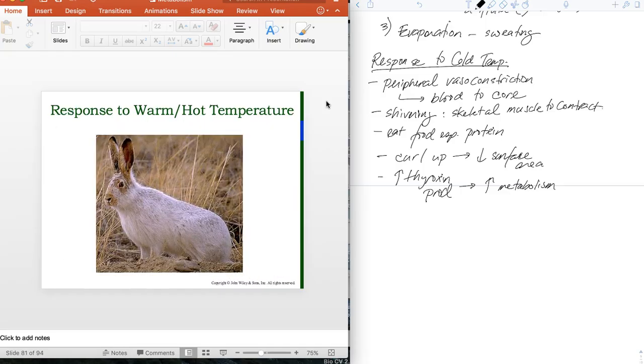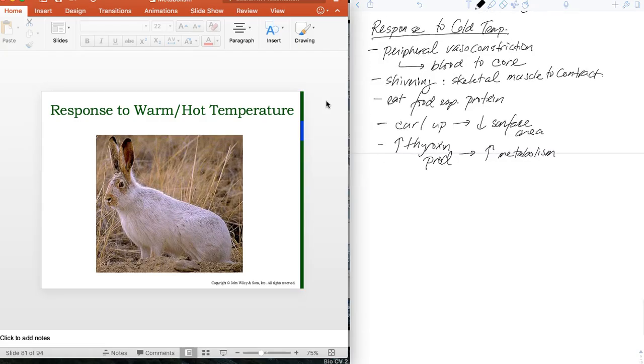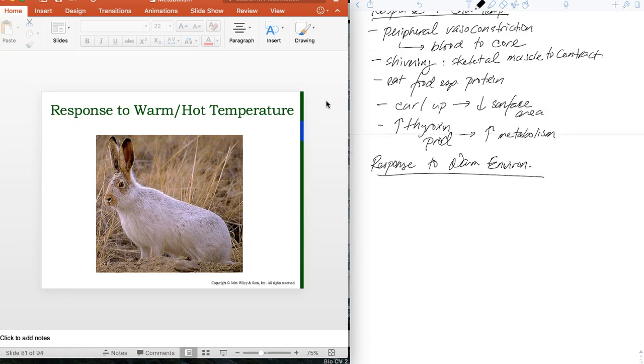All right, let's finish it up with, what about the response to warm environments? It's basically going to be the opposite, right? To warm or hot environments, they would include what? Instead of peripheral vasoconstriction, peripheral vasodilation.